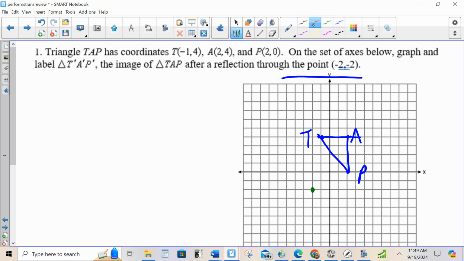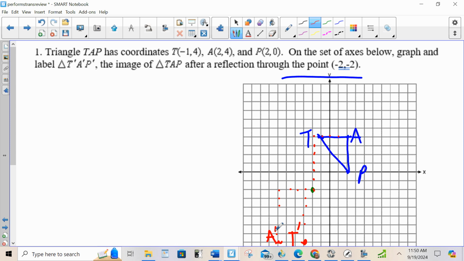To get from T to that point of reflection, I'm going left 1, down 1, 2, 3, 4, 5, 6, left 1, down 1, 2, 3, 4, 5, 6. That's T prime. A, I'm going left 4, down 6, then left 4, down 6.